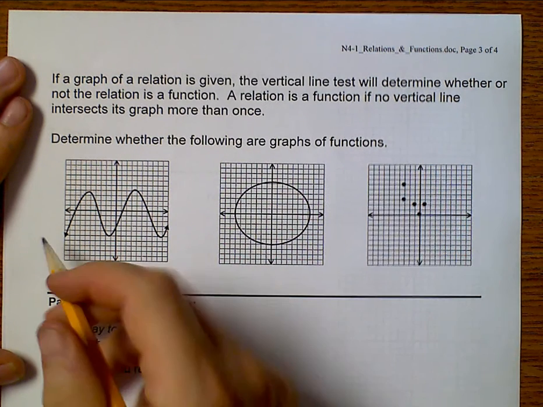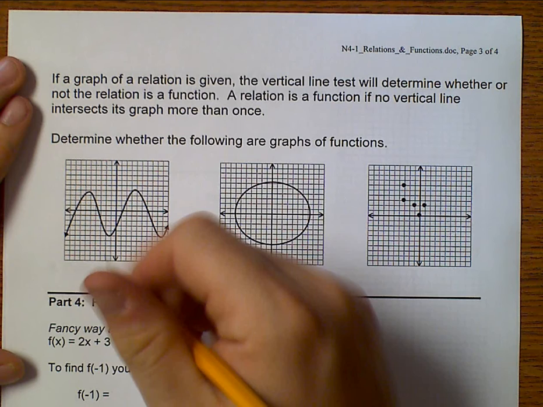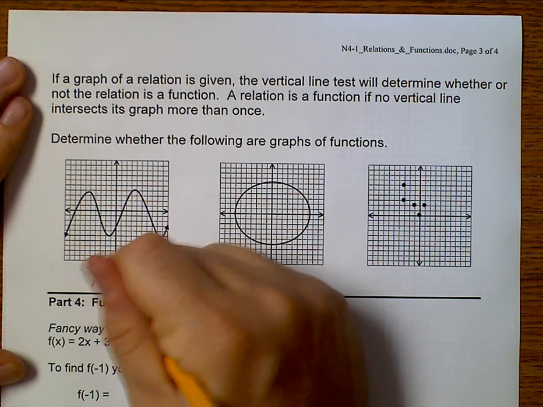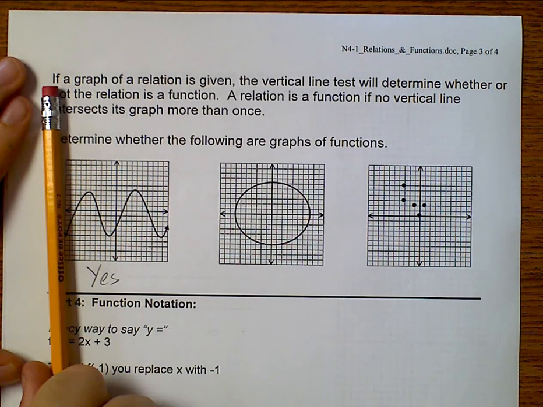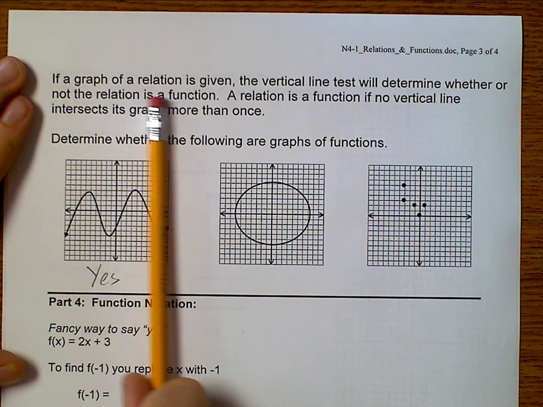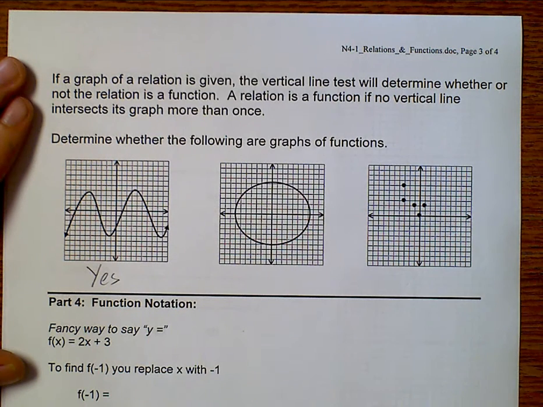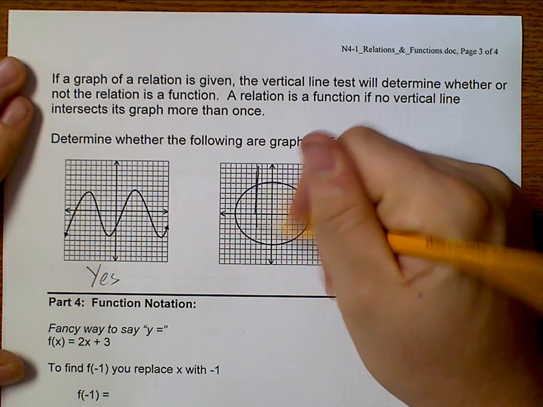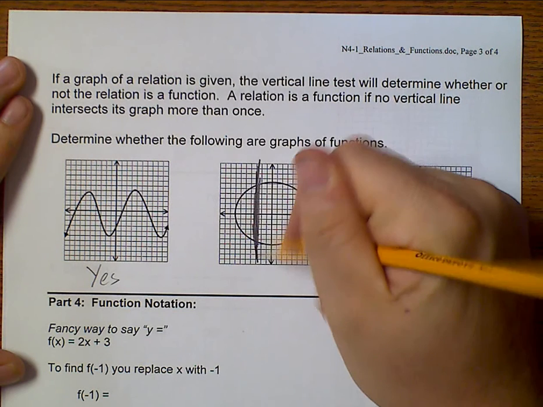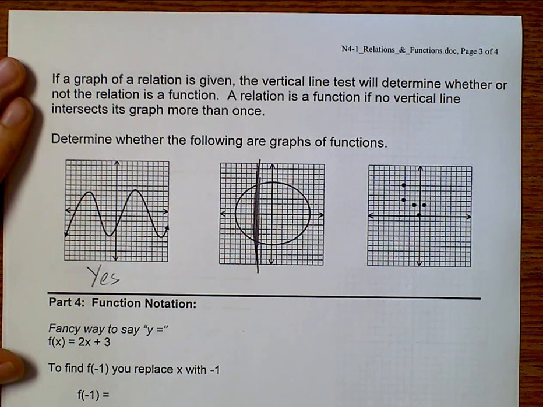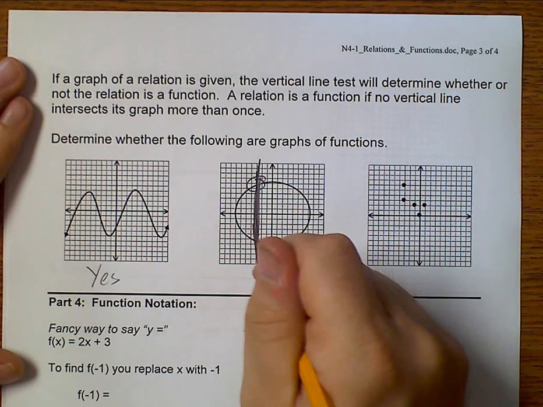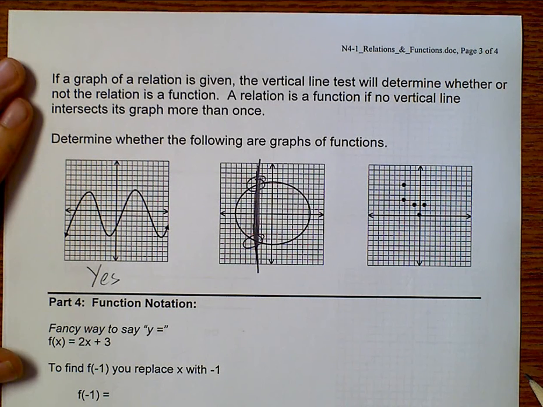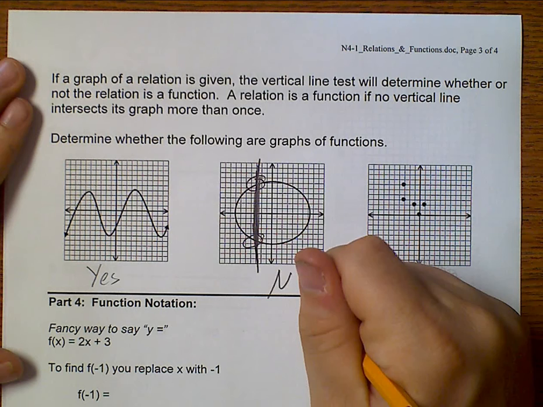And so if I look over here, yes, it passes because my pencil never crosses that graph more than once. Well, there's a vertical line, and it crossed in 2 places. So that would be no.